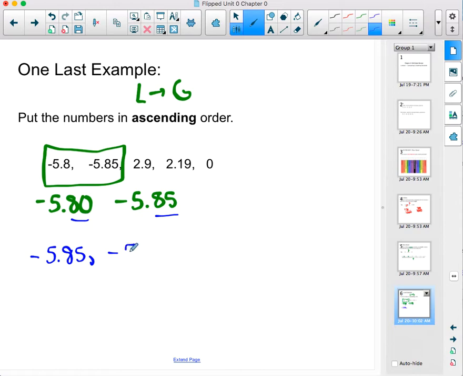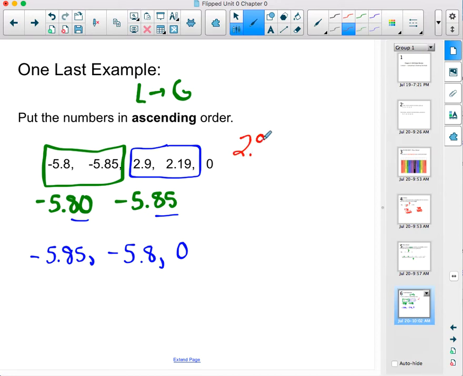Negative 5 and 8/10 is the larger of my two negative numbers, and now I can keep going through my list. I look at 0, 2.9, and 2.19. Well, we know that 0 is the middle of the negatives and the positives, so 0 is going to come next. And now I can focus on comparing these two numbers, 2 and 9/10 and 2 and 19/100.